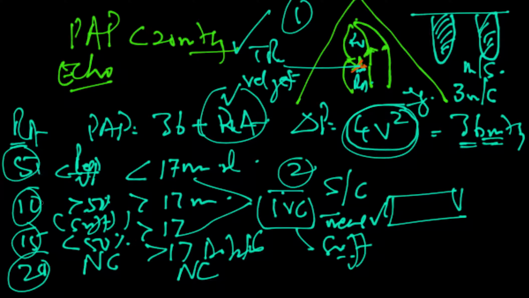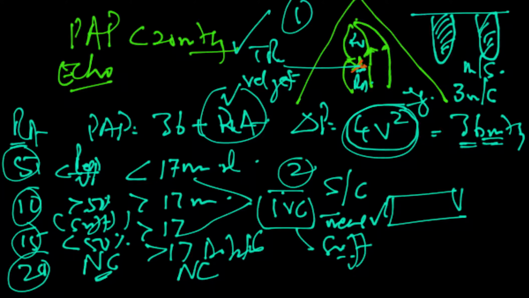Right atrial pressure is measured in this fashion: 5, 10, 15, or 20, depending upon the IVC dimensions. If the IVC dimensions are less than 17, just add 5 only. But if the IVC dimensions are more than 17 millimeters, then look for compressibility of the IVC. If it's more than 50%, then it's 10. If it's less than 50%, add 15. And if there's no change, then add 20.